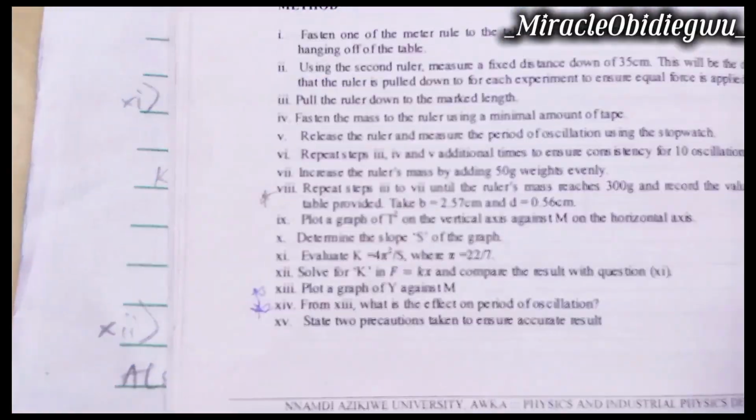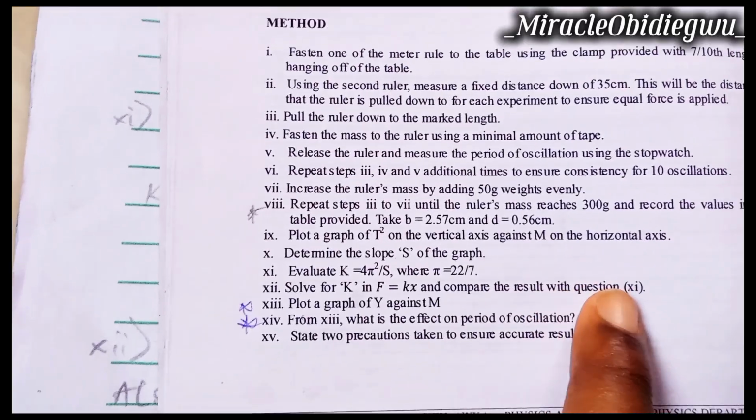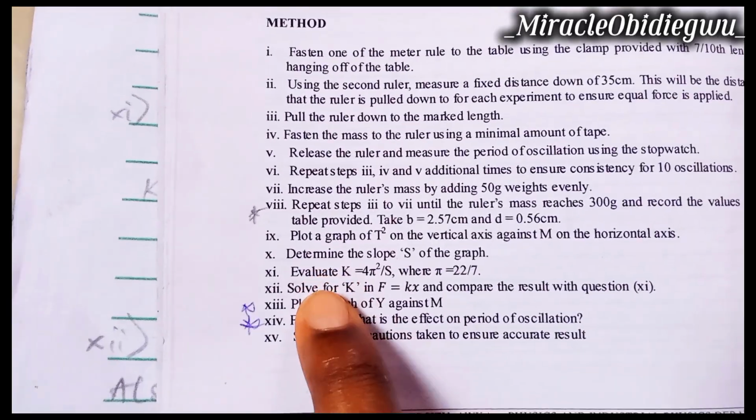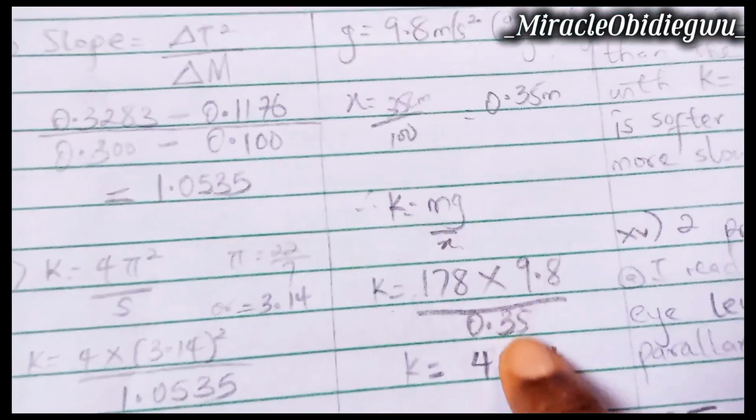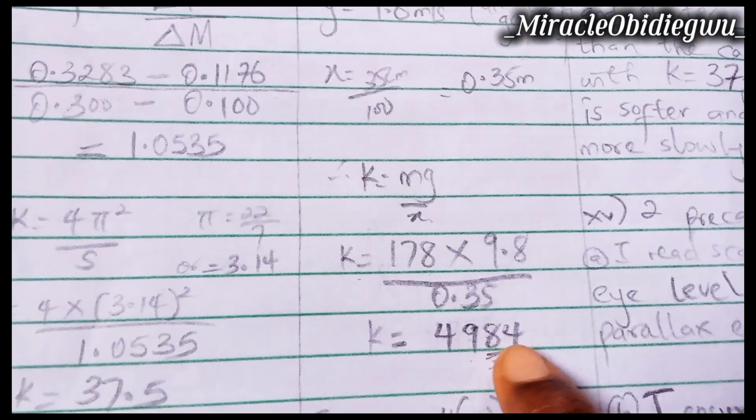Then the next question says we should compare the results of SI and SII. In our SI we got k as 37.5. Then in this one we got k as 4984.